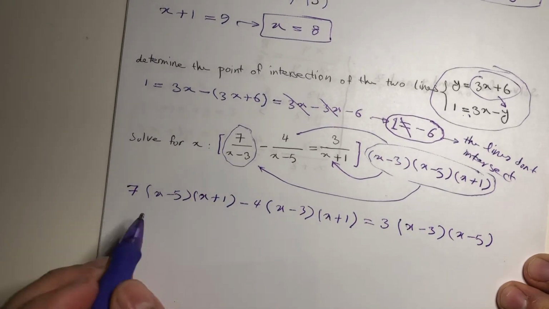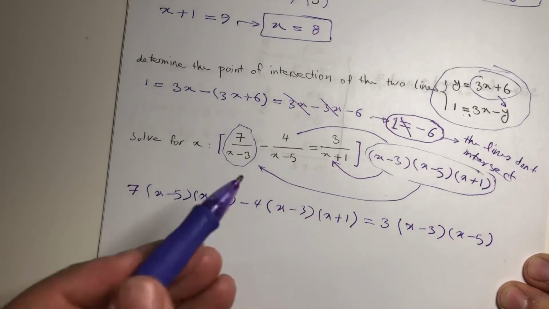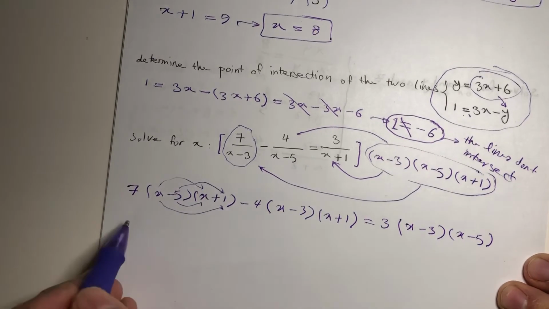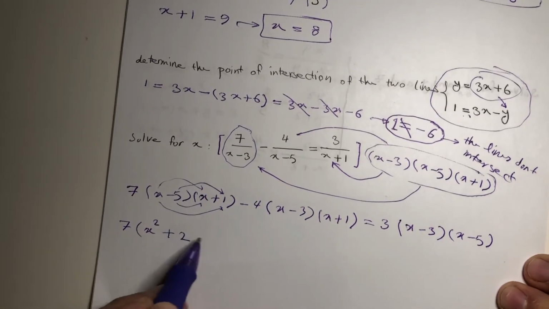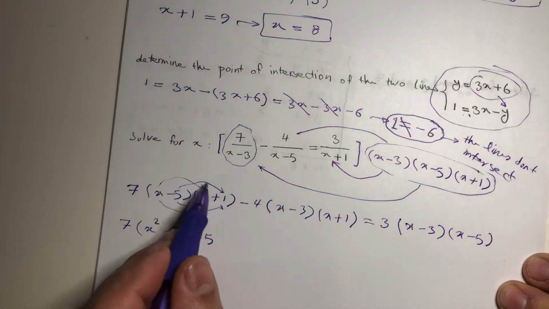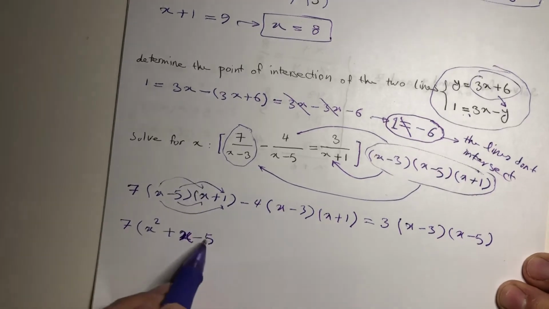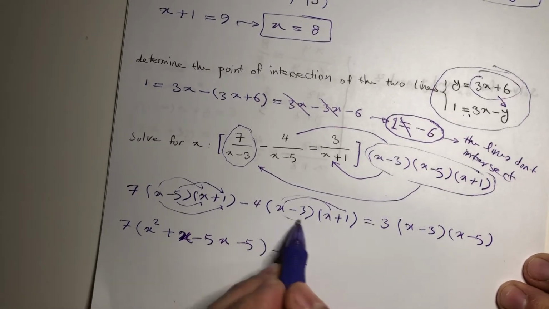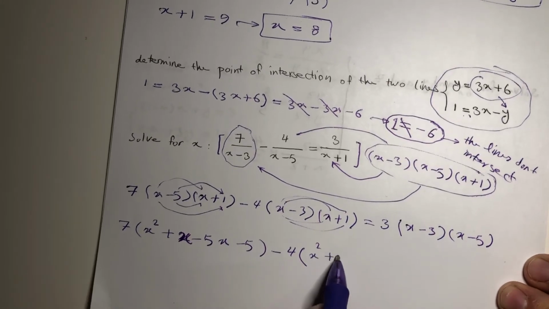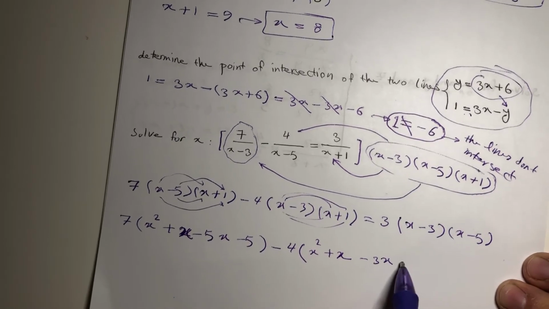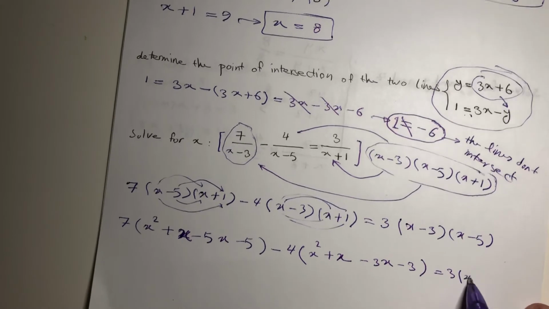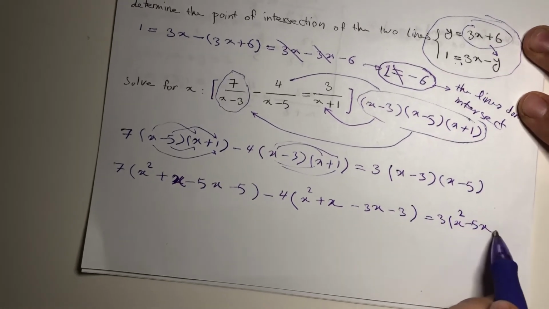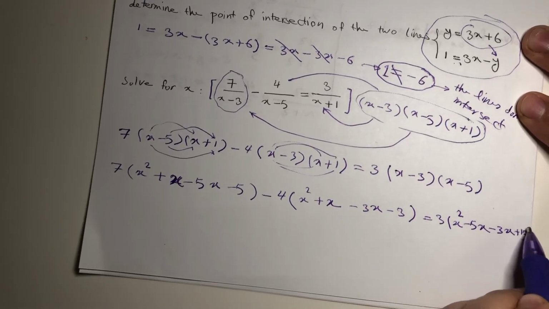So here we need to do the multiplication: x by x, x by 1, 5 by x, 5 by 1, right? 7 by x squared plus x minus 5x minus 5, minus 4 by x squared plus x minus 3x minus 3 equals 3 by x squared minus 5x minus 3x plus 15.